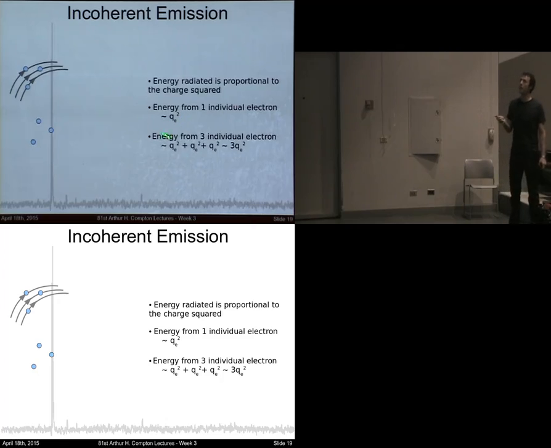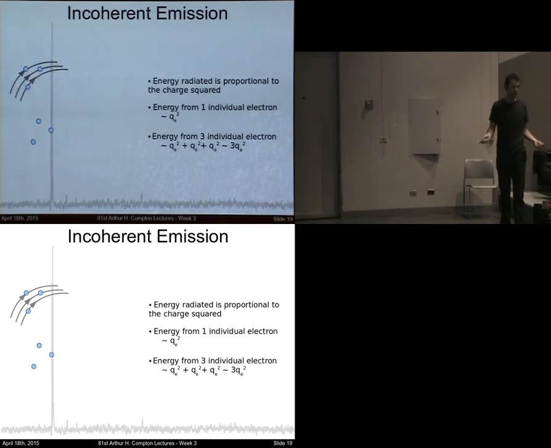And so if we have three electrons and they're all radiating, hanging out, moving along the magnetic field and radiating their non-thermal photons, then the energy that comes out is proportional to 3 times the charge of the electron squared. And this is called incoherent emission.